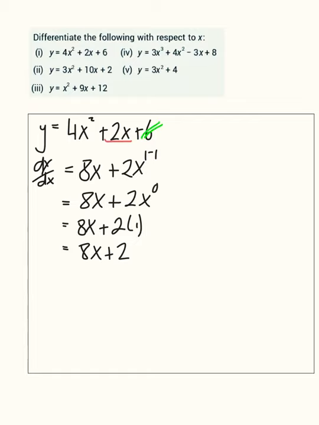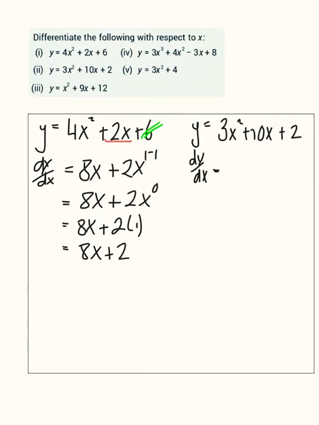Now, let's have a look at another one. So question part 2 there, we've got y equals 3x squared plus 10x plus 2. So again, it's x and y as the variables used, so I can see dy dx equals, so 3x squared, you take the power, multiply it by what's in front of the x.